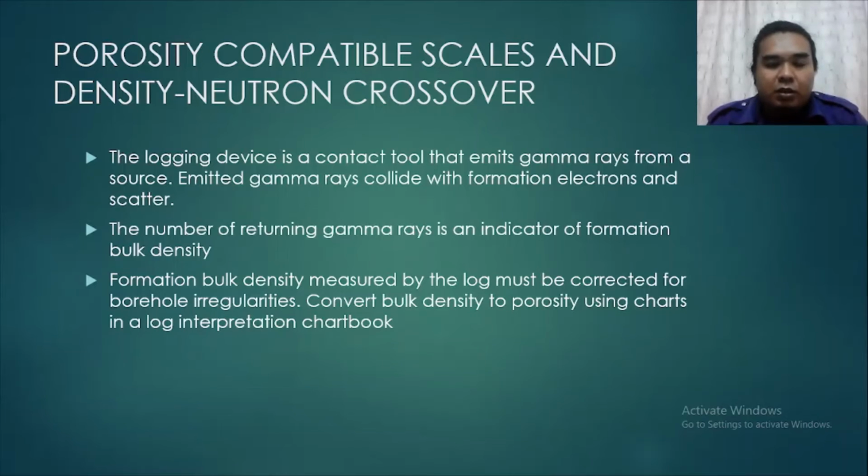The porosity will be determined by the number of returning gamma rays, an indicator of formation bulk density. Formation bulk density measured by the log must be corrected for borehole irregularities. Convert bulk density to porosity using charts in a log interpretation chartbook.